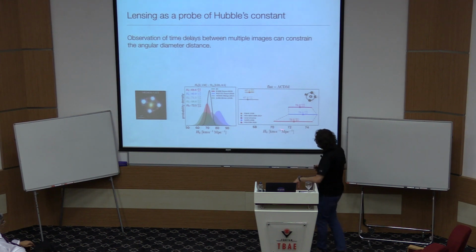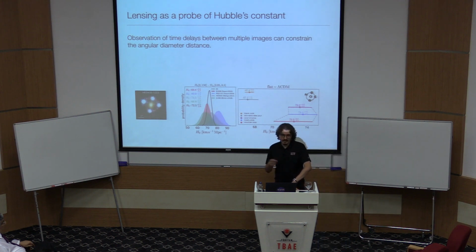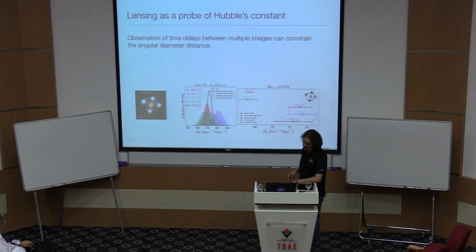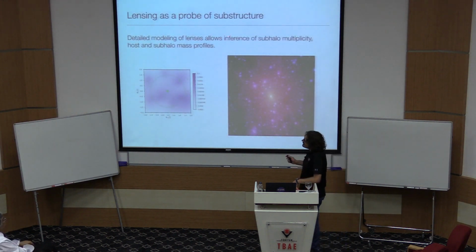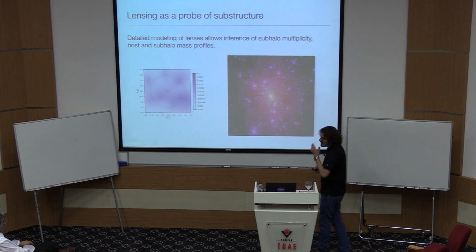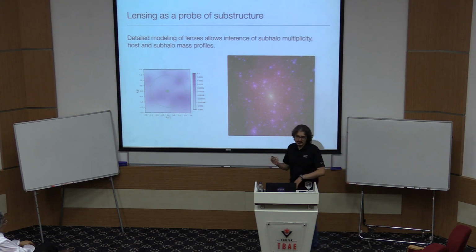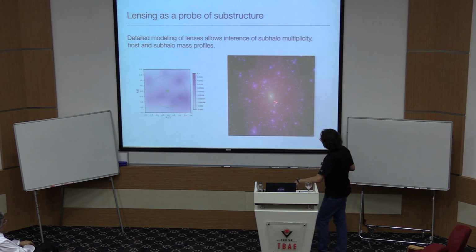So you can actually constrain Hubble's constant via these guys. And I don't know if you're familiar with it, but currently there is a tension between late and early universe measurements of Hubble's constant. This certainly adds to this discussion, but I don't have time to really talk about that. The very last thing I will mention in this part of the talk is lensing as a probe of substructure, which will essentially set the stage for the remainder of this lecture.